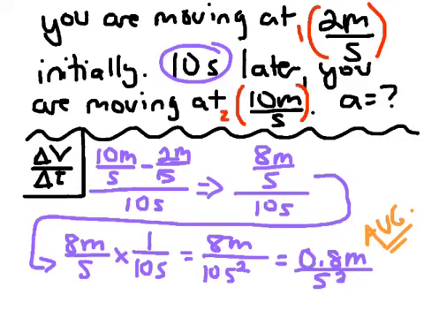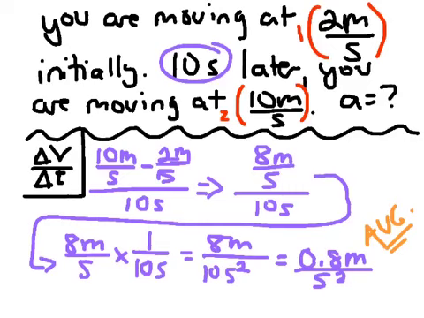That's what second squared means, which means that 0.8 meters per second, and then you add another 0.8 meters per second in velocity the next second, and then the next second you add another 0.8 meters per second in velocity. So each second that you traveled, starting at 2 meters per second, every second after that, you added 0.8 meters per second.